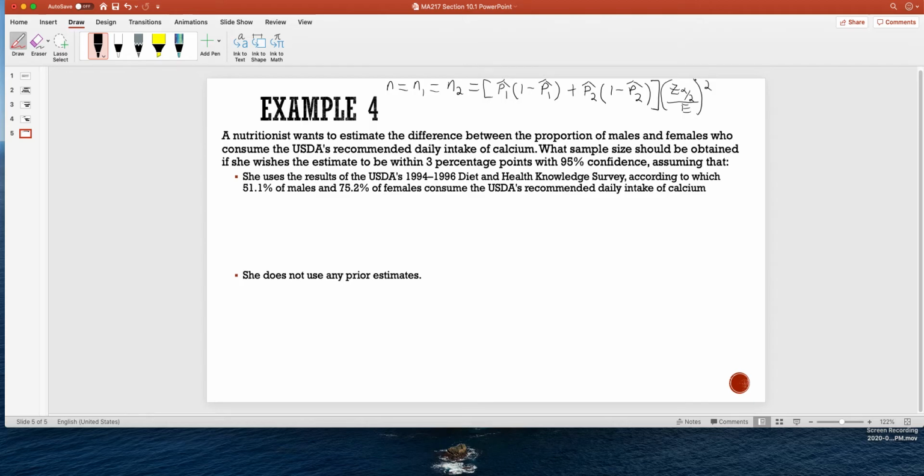And like the previous times that we've seen sample sizes, we want to round up. Round up with an exclamation point.